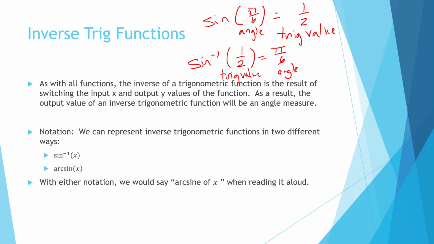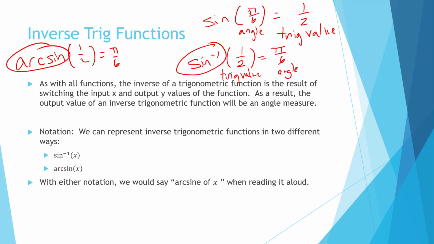An equivalent way to say this is if I say arc sine of 1/2 equals pi over 6. This is the same thing because arc sine and sine to the power of -1, or inverse sine, are going to be synonymous. They mean the exact same thing. There is no difference between them. So the way we're going to write all the inverse trig is for sine, the inverse of that is going to be either inverse sine or arc sine.